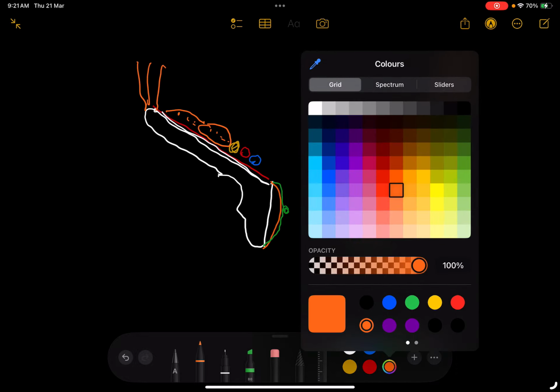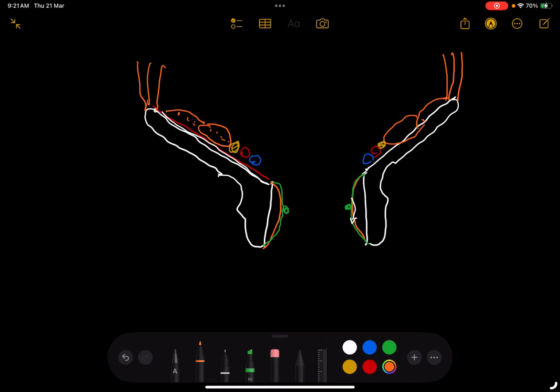Then we make the levator ani, and everything above the levator ani is pelvis, and below the levator ani is perineum.